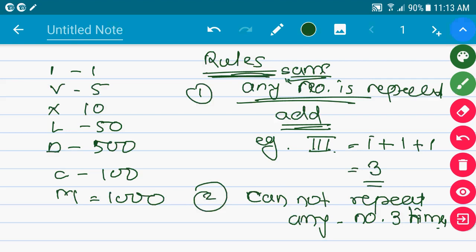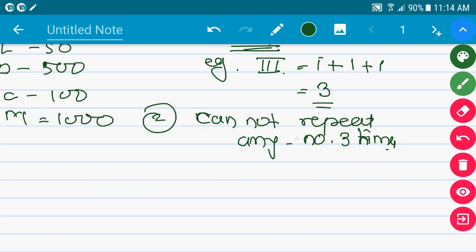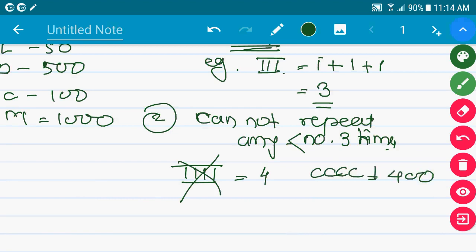Second rule is, we cannot repeat the number more than 3 times. Now see, I cannot write 4 times I is equal to 4. This is wrong. I cannot write C 4 times is equal to 400. This is wrong. So any number cannot be repeated more than 3 times. Up to 3 times we can repeat it, but not more than 3 times.